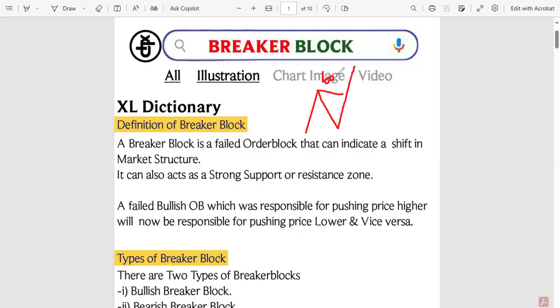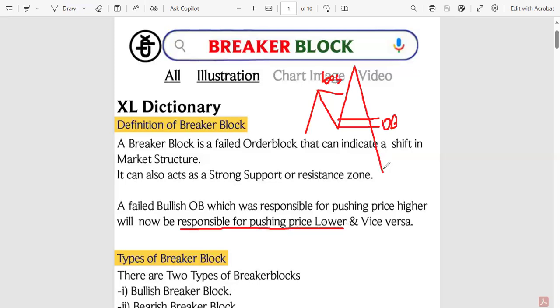Down here at the discount level we had our bullish order block. If price disrespected this, if price broke this bullish order block, then this order block will now be responsible for pushing price lower.